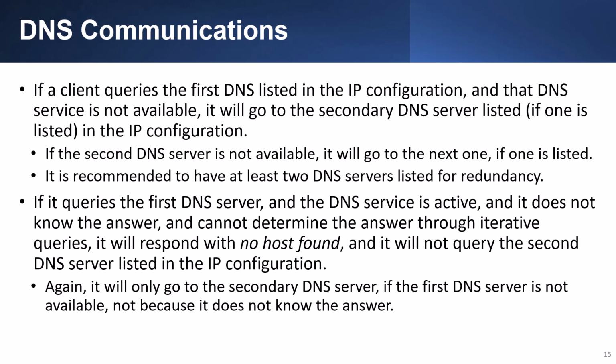If it queries the first DNS server and the DNS server is active and does not know the answer and cannot determine the answer through iterative queries, it will respond with no host found and will not query the second DNS server listed in the IP configuration. Again, it will only go to the secondary DNS server if the first DNS server is not available, not because it does not know the answer.